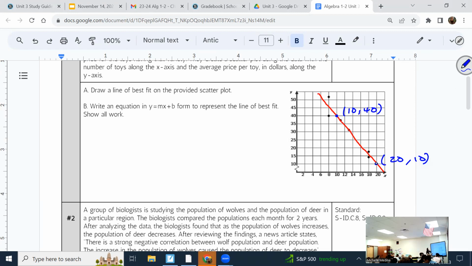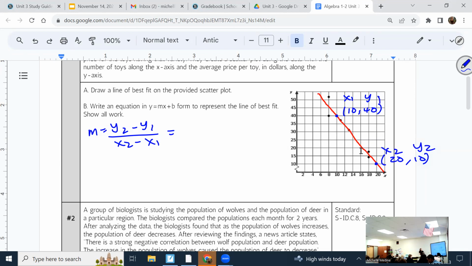Once you identify 2 points on the line itself, they do not have to be data points. You now put them into your formula. So you estimate the slope like this. Pick one of these to be x1, y1, the other to be x2, y2.